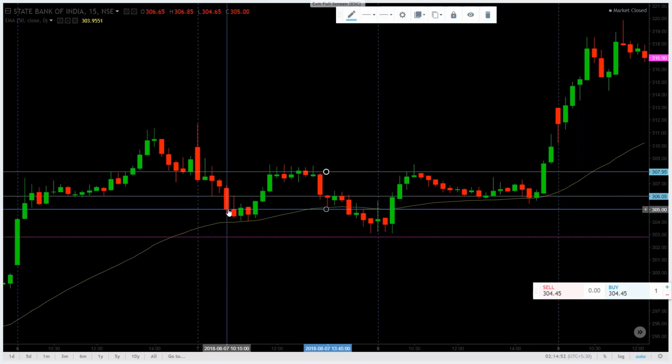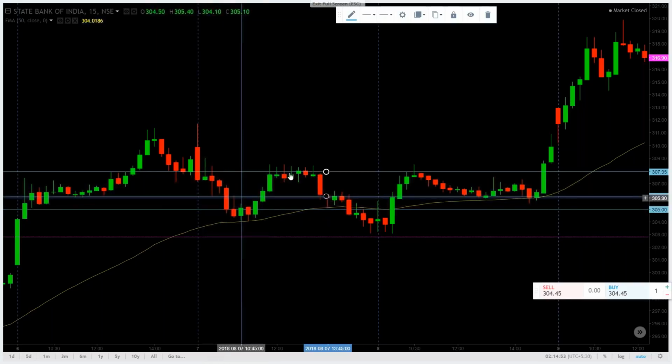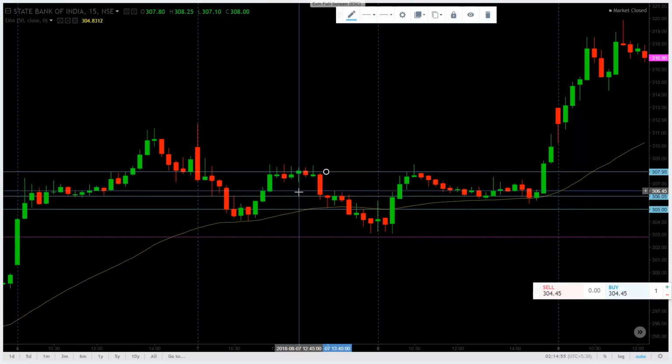The moment this 50% order gets achieved, you are supposed to modify the stop loss and bring it over here. Had you done that on this day, say you're trading with 100 shares, for 50 shares you will be getting 50 rupees. For the remaining 50, you will get no benefit, because it's going to be no profit, no loss.